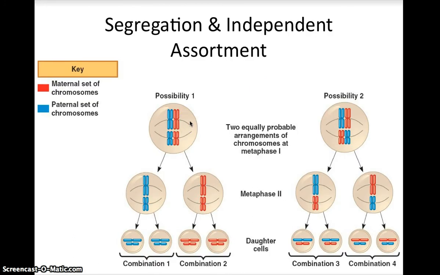This is really where we can start looking at the application of the segregation and the independent assortment. We've talked a lot about it in just terms of regular old meiosis, but here we'll be able to see it in terms of the passing on and probability of two traits.